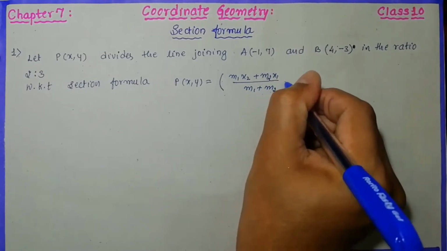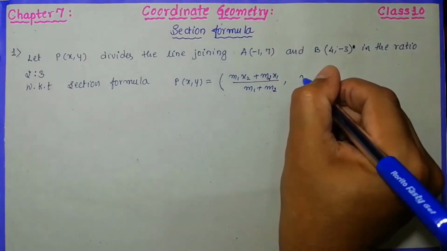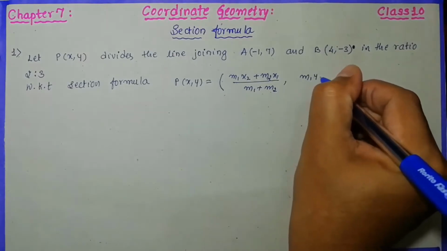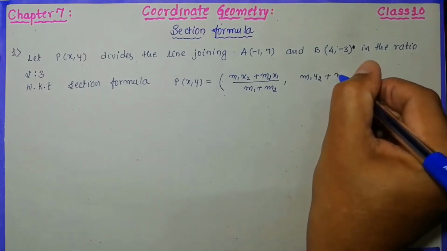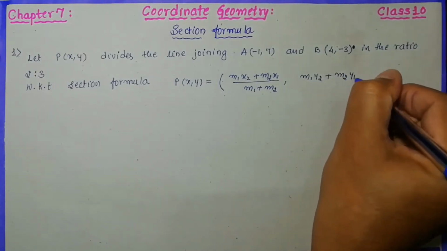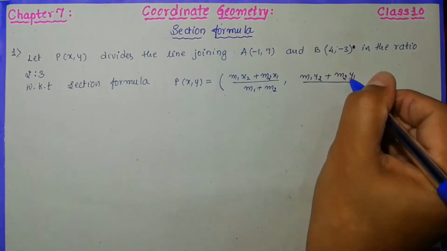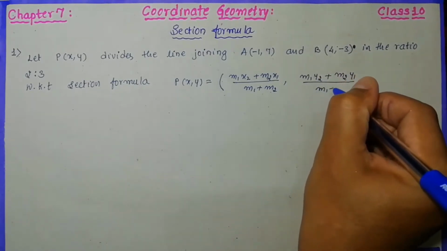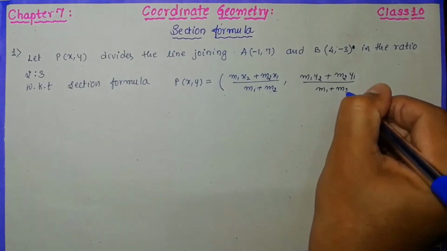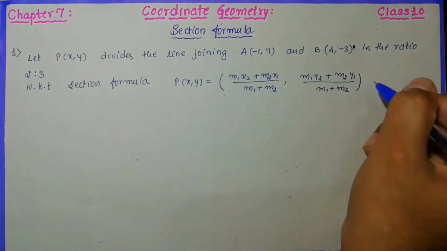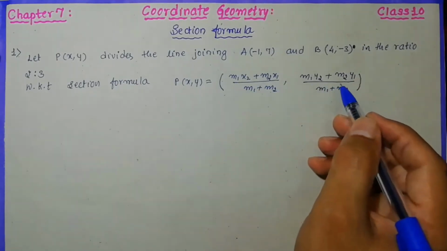So this is the x coordinate, and the y coordinate in the same sense: (m1 y2 + m2 y1) divided by (m1 + m2). The denominator is the same in both coordinates; only the numerator differs.